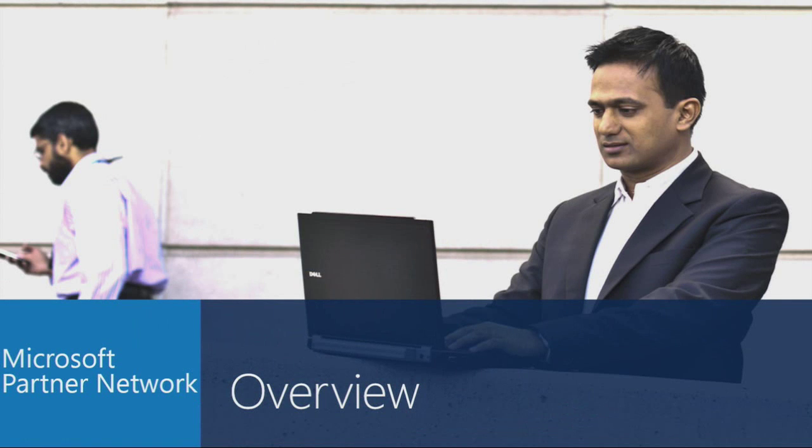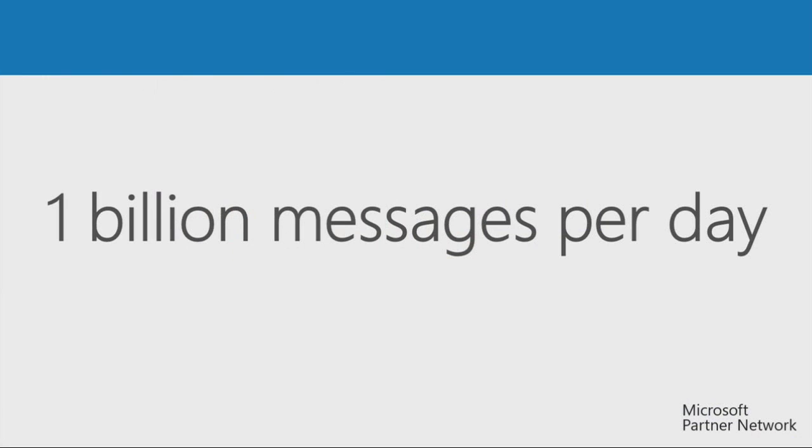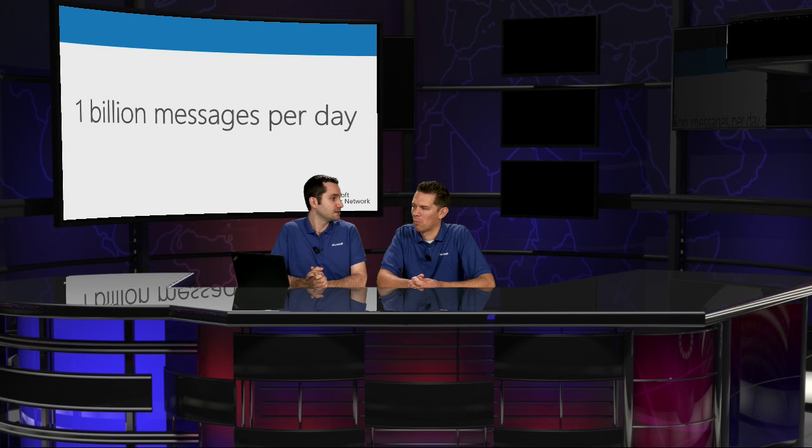Before starting, I have a simple and easy question for you. Roger, do you know how many messages are filtered by our anti-spam, anti-malware engine, Exchange Online Protection, every day? I know our data centers are scanning a lot of messages, but I don't know the exact number. Well, as you can guess, it's a really big number. 1 billion messages per day are filtered by our Exchange Online Protection architecture.